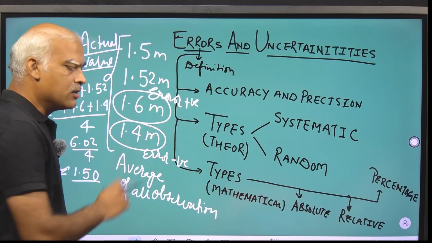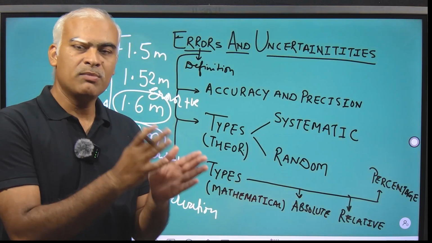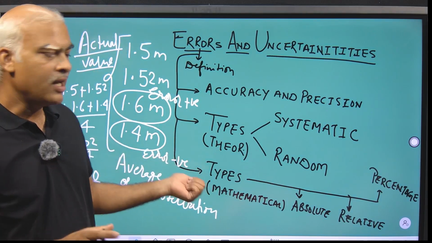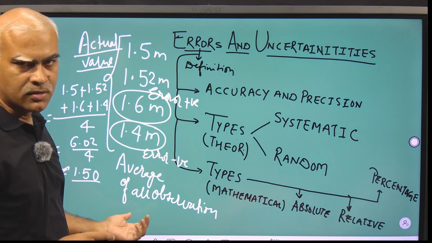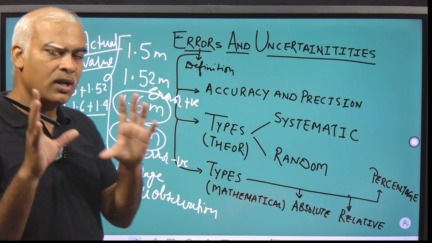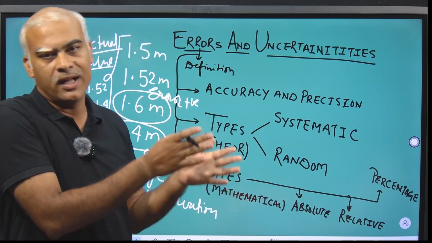So whatever deviation or change from the actual value you have is called an error, and the actual value is basically the average of all observations. By this you can have a clear picture of the exact meaning of error and actual value.